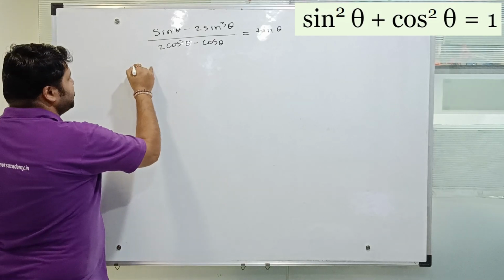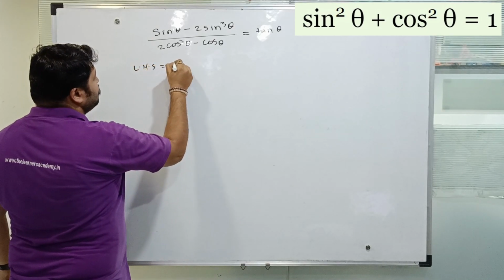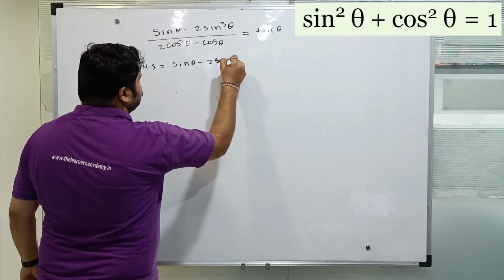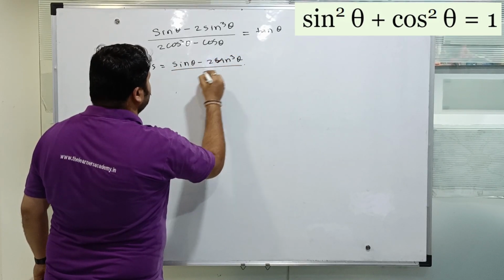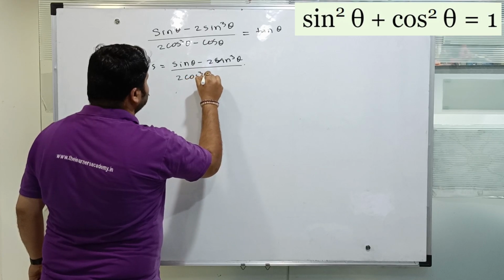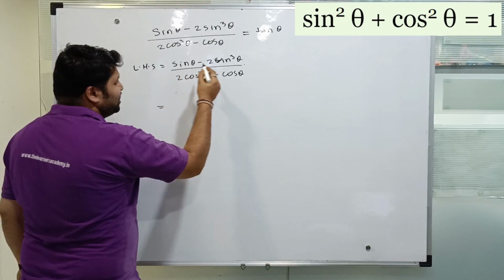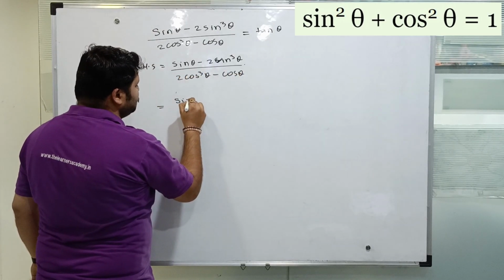My left hand side is equal to sine theta minus 2 sine cube theta upon 2 cos cube theta minus cos theta. Now it is common in them, so sine theta is common, I can write sine theta.